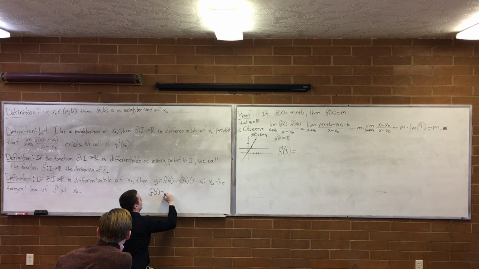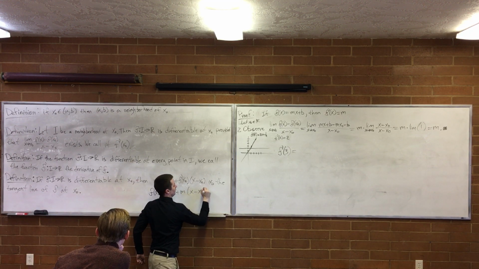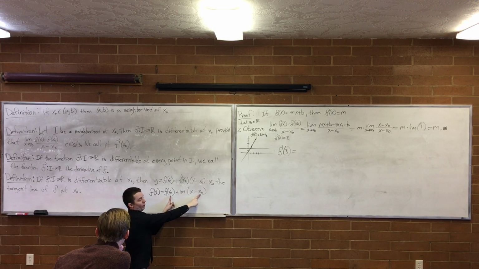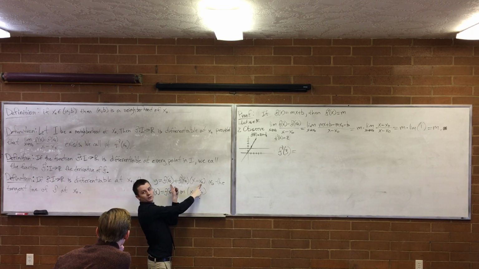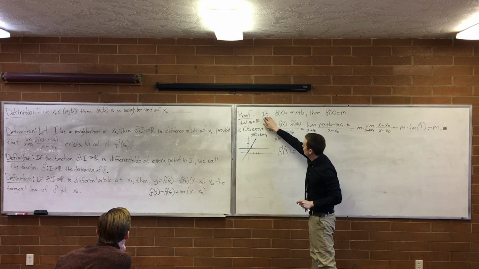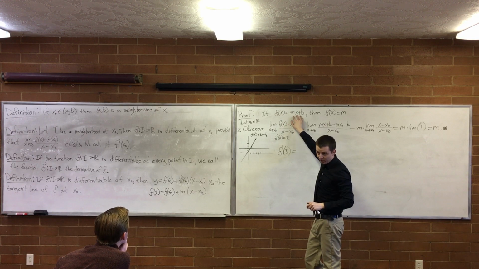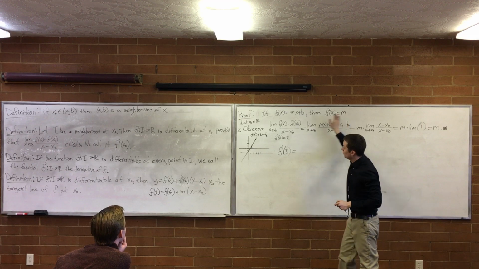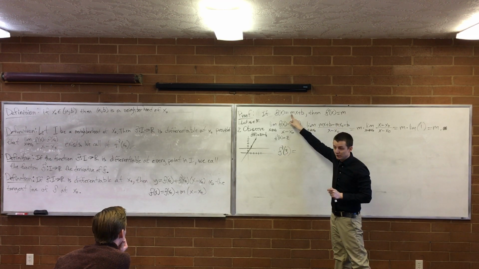Here is a line with slope m, or f prime of x naught, that goes through this point x naught, f of x naught. So, if f of x equals mx plus b is a line, then its derivative is always just going to be m, the slope. You with me on that? Yeah.